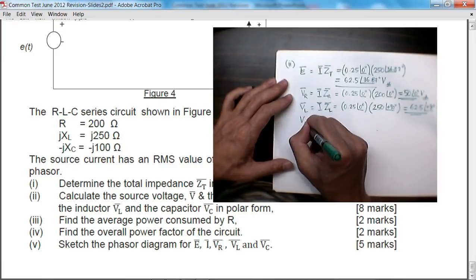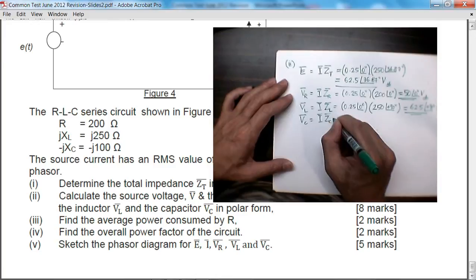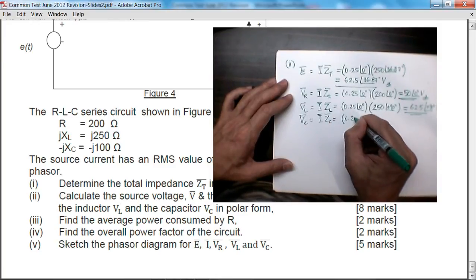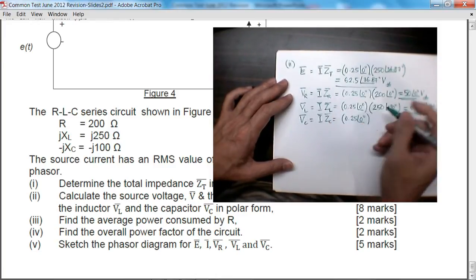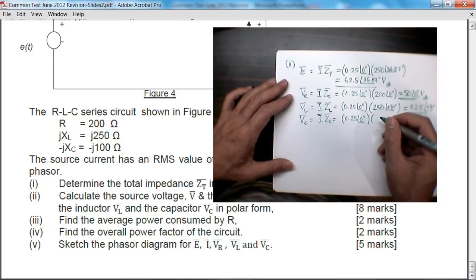Finally, the voltage across the capacitor is I times ZC. This means 0.25 angle 0 multiplied by 100 angle minus 90 degrees.